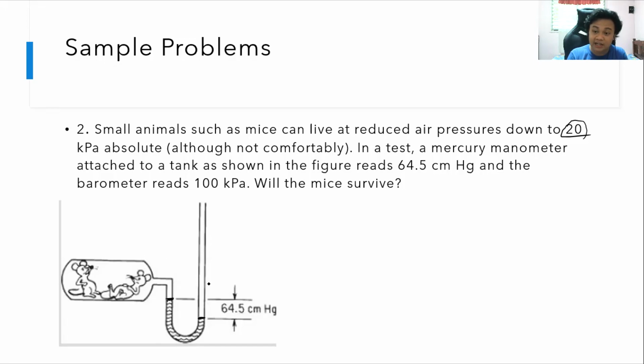It is higher than the pressure inside because this is open to the atmosphere. So what does that tell us? It tells us that the conditions inside the container that contains the mice is in vacuum.